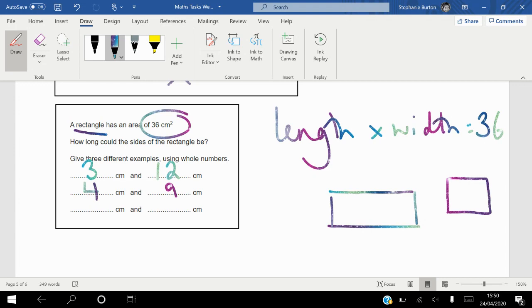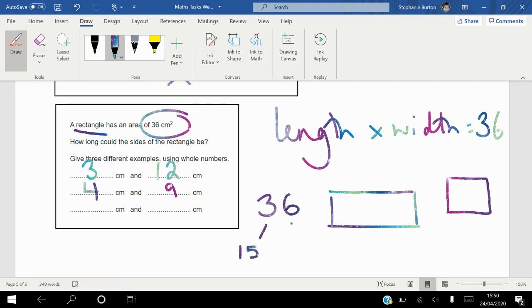So I'm going to think about my 2 times table now. Now 36 is an even number, which means I know I can divide it by 2. Now I can count up in my 2's until I get to 36, or I can do some partitioning to halve 36. So for example, if I found half of 30, that gives me 15.